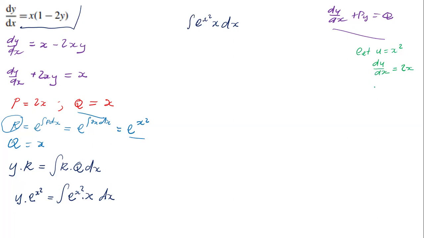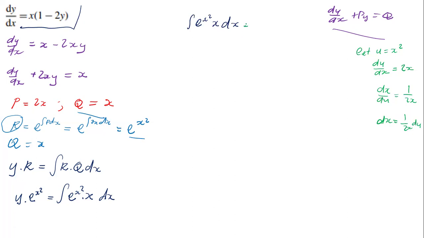Now from here, I'm going to make dx the subject of the formula. I take the reciprocal on both sides of the equation, and then I cross multiply, however you want to do it. And I see that my dx is going to be equal to 1 over 2x du.